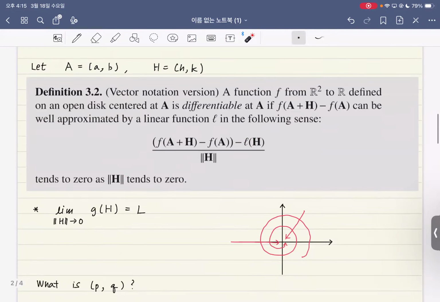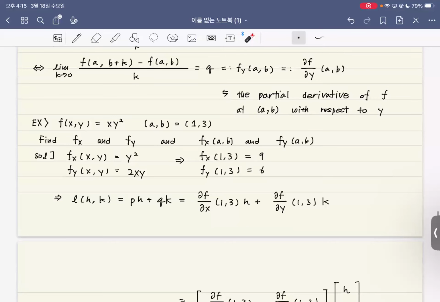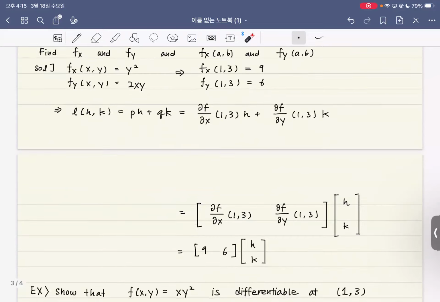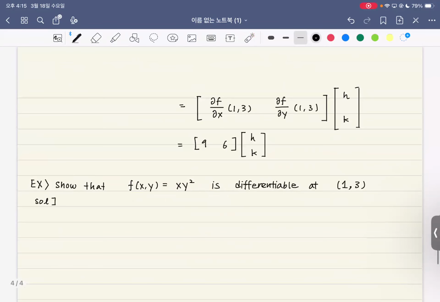But we have already shown that if this function is differentiable at this point, then my L would look like this. So if my function is differentiable, then L(h, k) is 9h plus 6k.